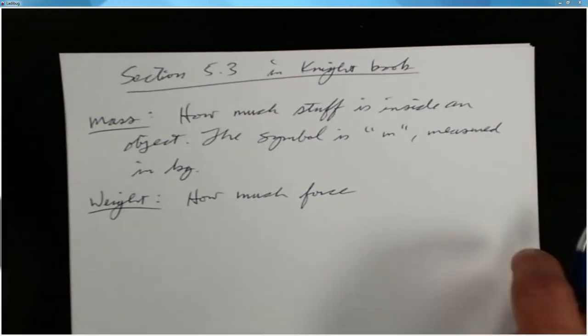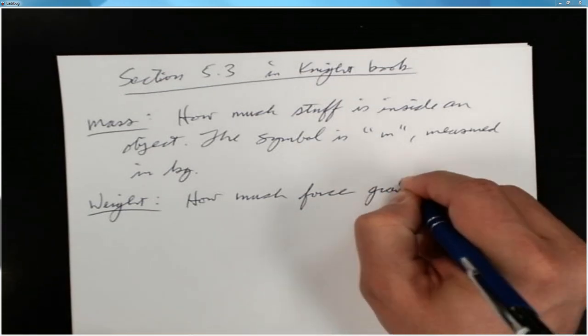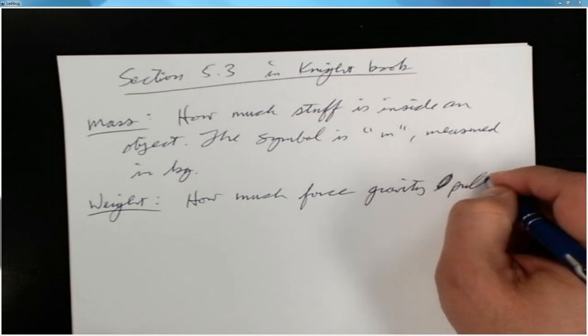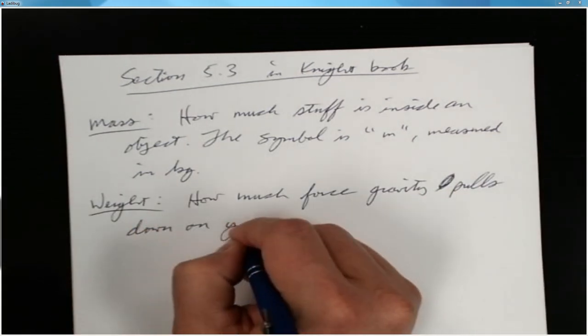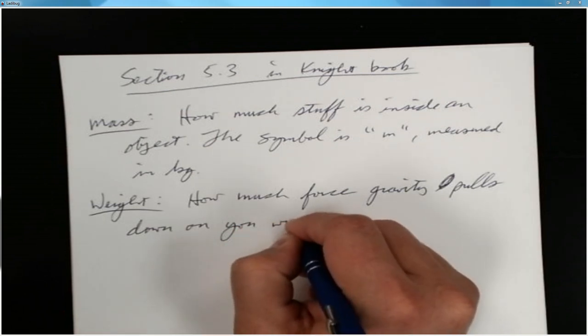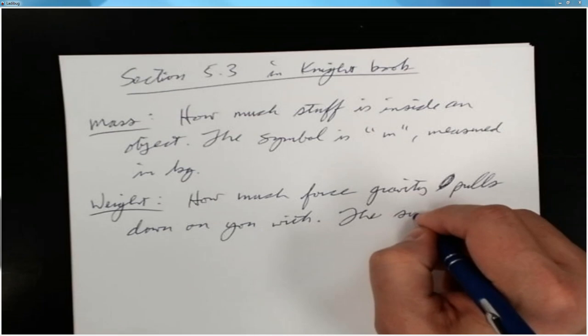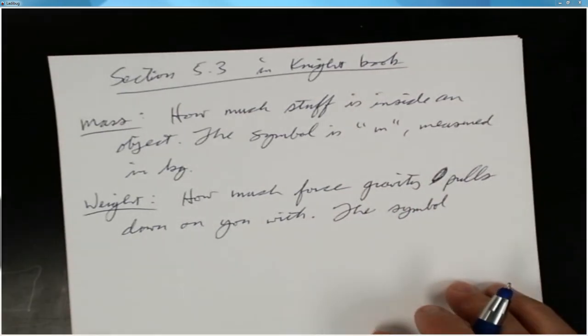Weight is how much force gravity pulls down on you with. The symbol I will use in my class is a little different than what they use in the book.